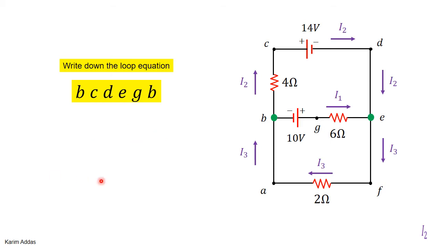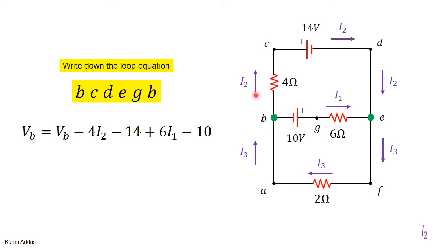So we need another equation, and we can get that, for instance, by going VB to C to D to E to G to B. Do the same thing. If you take the potential at B and you go from B to C, what happens to the potential at C? Is it lower or higher than B?